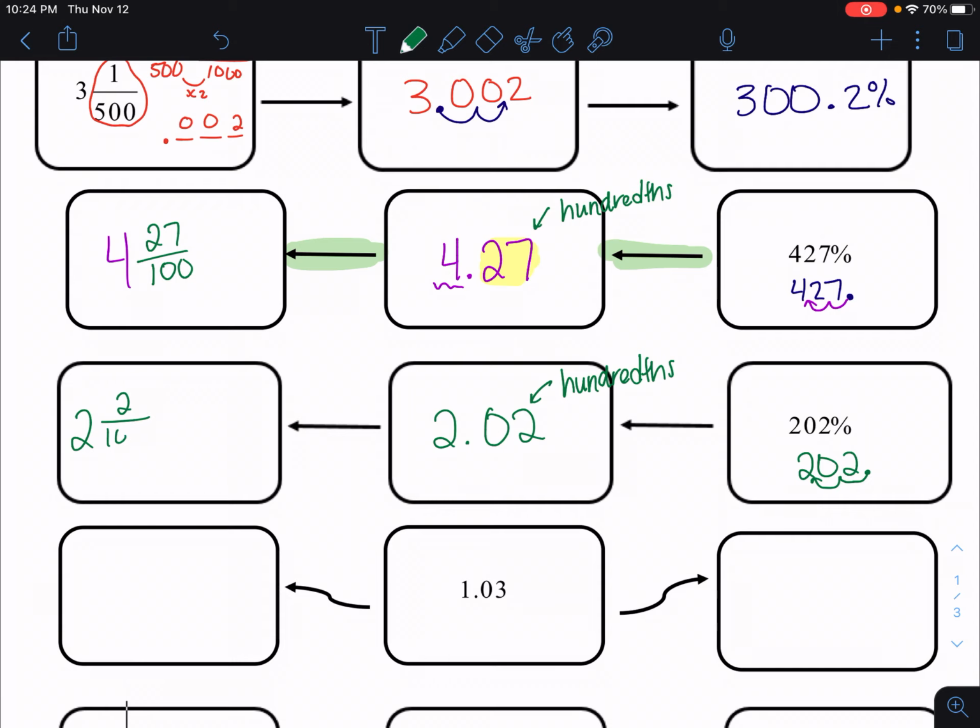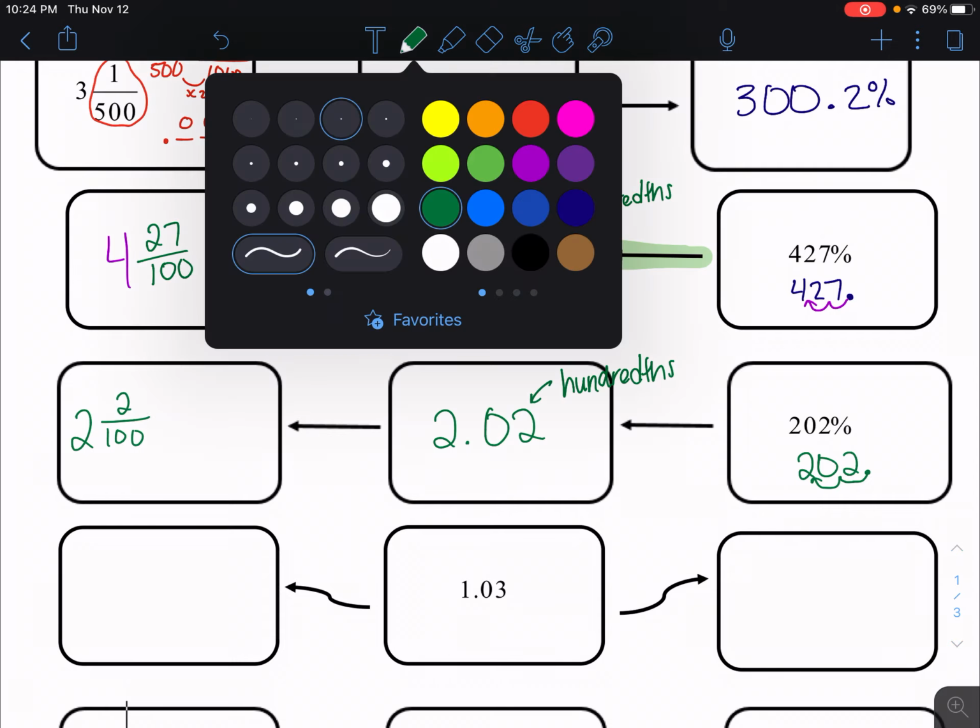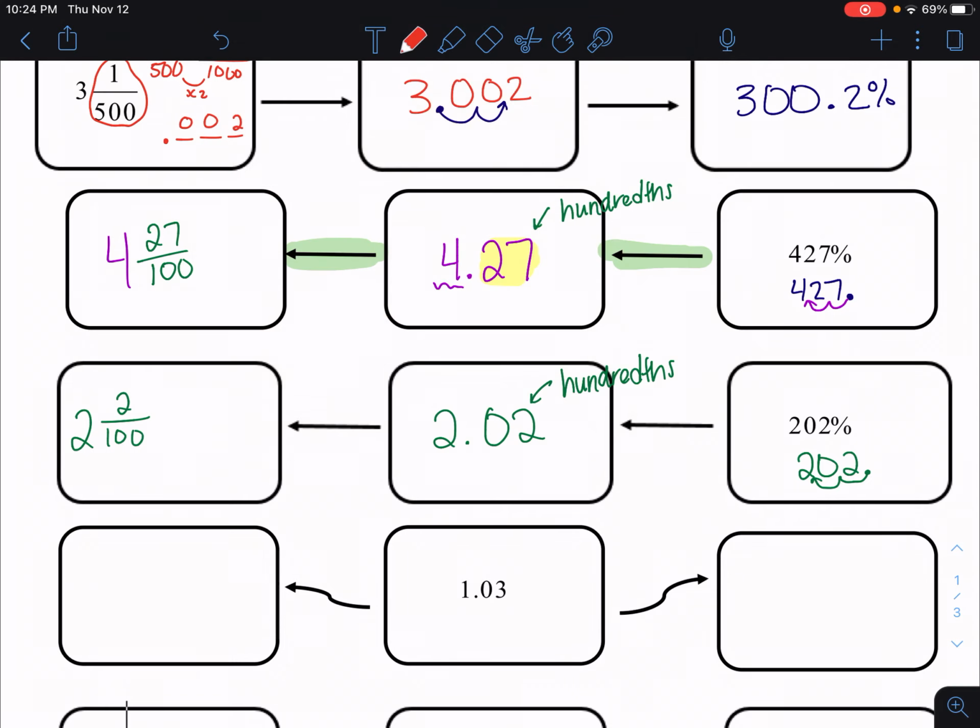So 2 over 100. Now this one I'm going to simplify. 2 and 100 have a 2 in common. Dividing by 2 here only affects this part of the fraction, so the 2 out front is going to stay the same. 2 divided by 2 is 1, and 100 divided by 2 is 50. So my final answer here is 2 and 1 over 50.